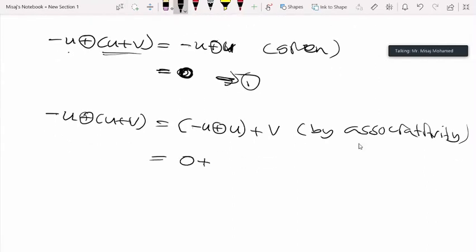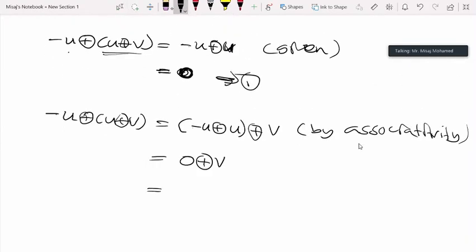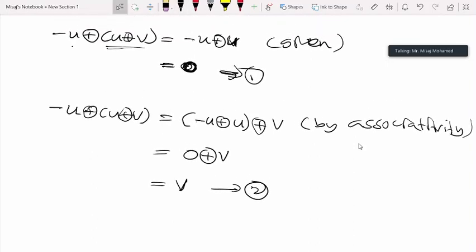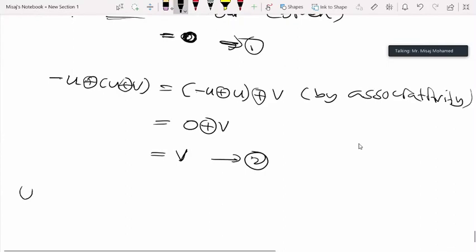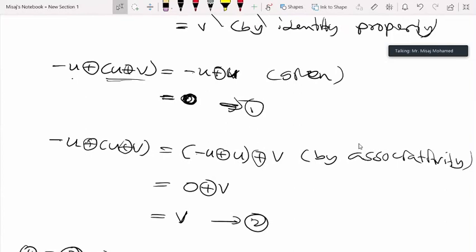This is 0 vector plus v. This is vector addition. Right. This is equal to v. This is 2. 1 and 2 are equal by left hand side. Since 1 is equal to 2, it implies v is equal to 0. Is it correct? That proof is okay?